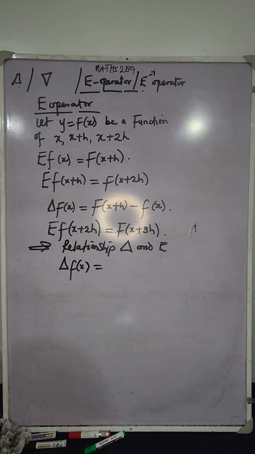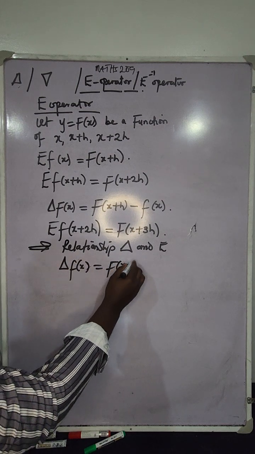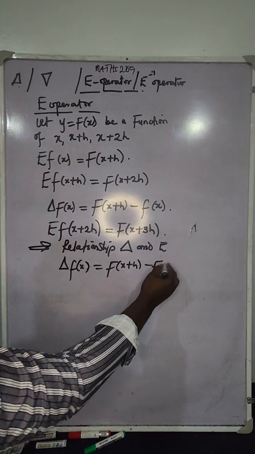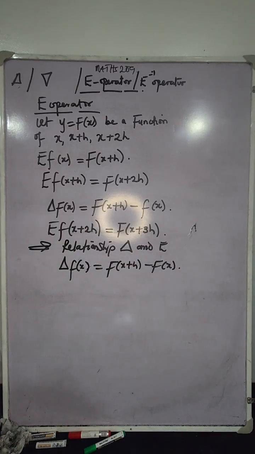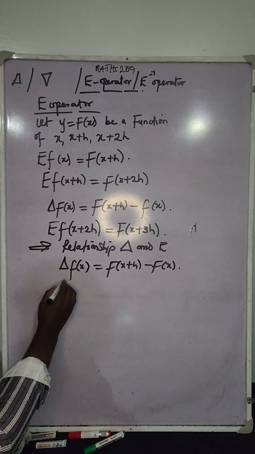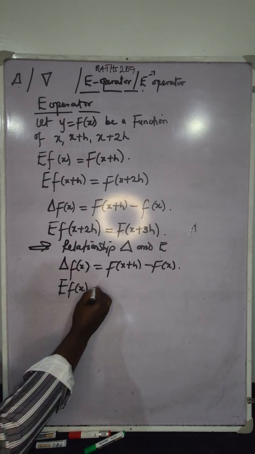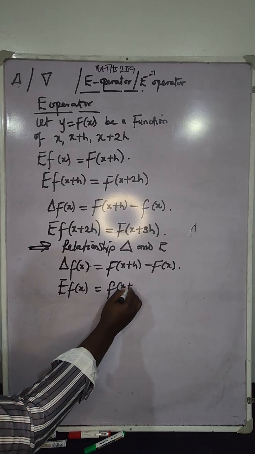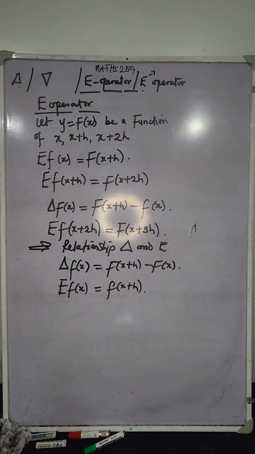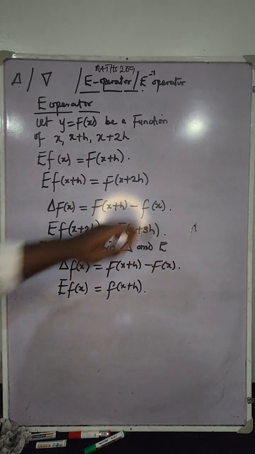The forward difference of f of x is f of x plus h minus f of x. Now, remember that E f of x is f of x plus h alone.